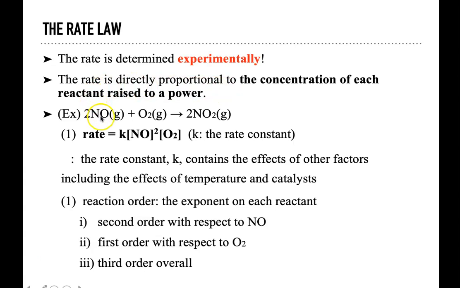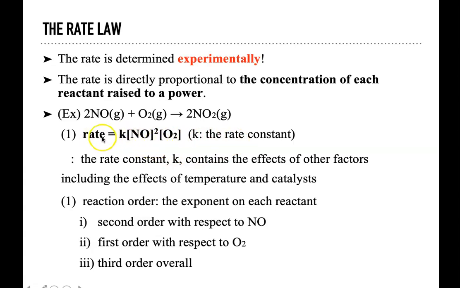For example, nitrogen monoxide and oxygen gas react to form nitrogen dioxide in a 2 to 1 to 2 ratio. The experimentally determined reaction rate is k times the molar concentration of nitrogen monoxide squared times oxygen. k is a proportionality factor, which we call the rate constant.